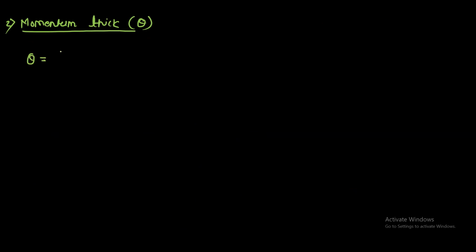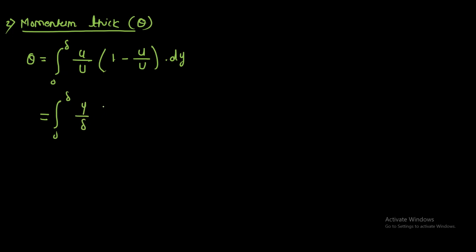So theta is equal to, this is the standard formula, integration 0 to delta of U upon capital U in the bracket 1 minus U upon capital U, into dy. Now just put the value of U upon U. So this is integration 0 to delta, U upon U is given as Y upon delta, in the bracket 1 minus Y upon delta, into dy. Now just simplify this equation.